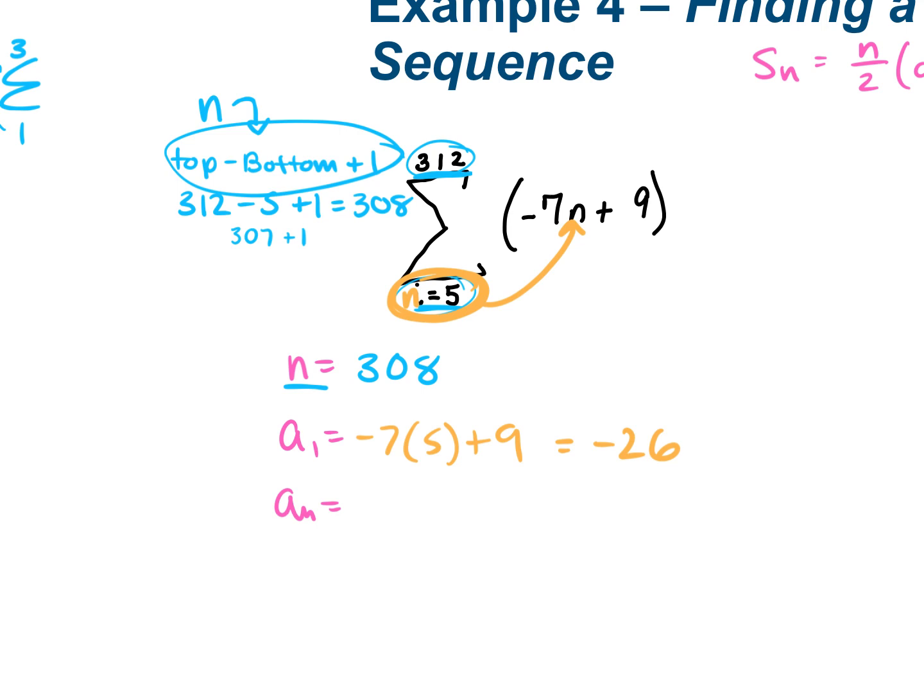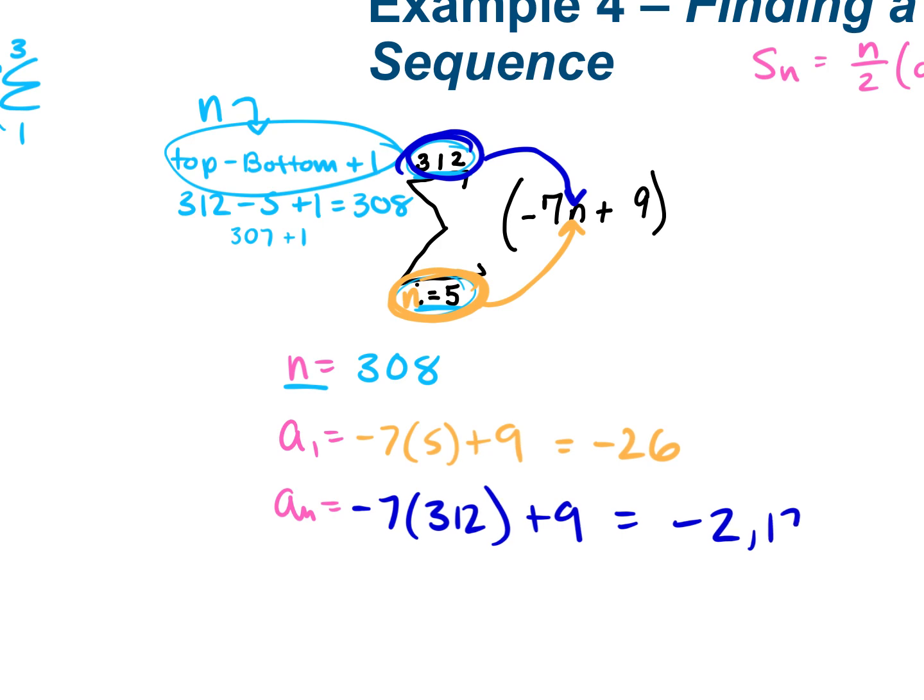Then to find our last term, we're going to take the number up top and plug that into n. So you have negative 7 times 312 plus 9. So that gives us negative 2,175.